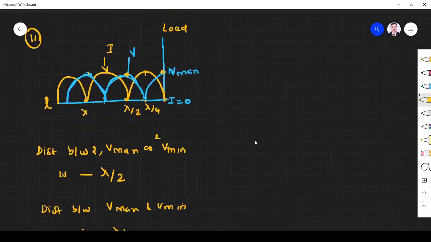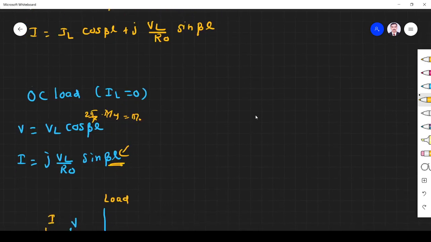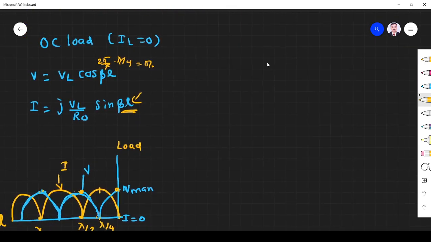Similarly, we have to deal with the short circuit line. Follow the same procedure. For a short circuit load, IL is maximum and VL is 0, which means the short circuit voltage is 0.